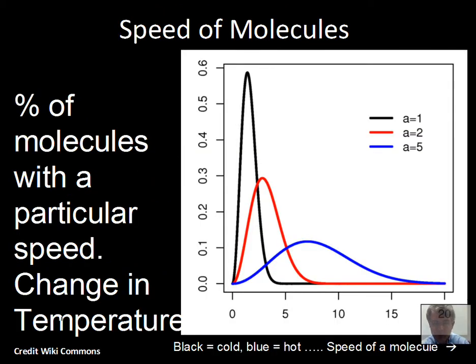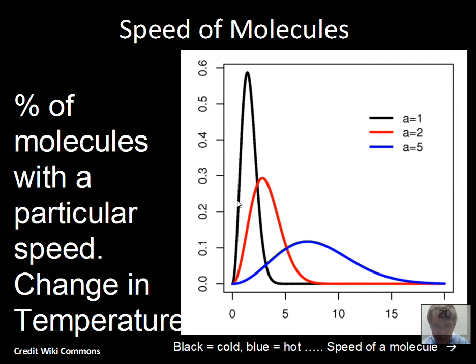So what considerations do we have for retaining certain molecules in an atmosphere? Here we have a chart of the speed of molecules, and you don't have to memorize the numbers that are presented here, but what we're looking at is difference in temperature.